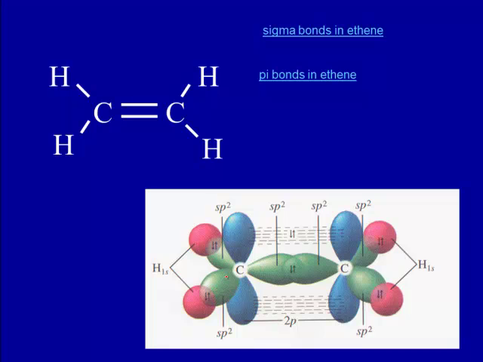hybridized orbital on the carbon atom. So the same thing, they form a sigma bond first, then there's the possibility of overlapping between the two lobes of the perpendicular p. That requires them to line up perfectly.